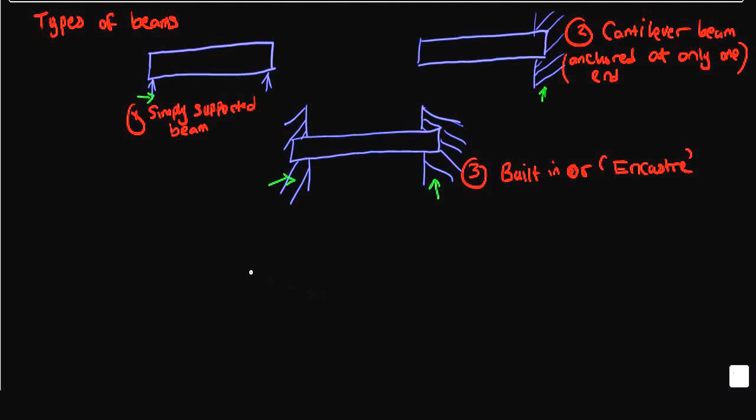Now the first one is called a simply supported beam, and it's basically a structural element supported by a pin at one end and a roller support at the other end.